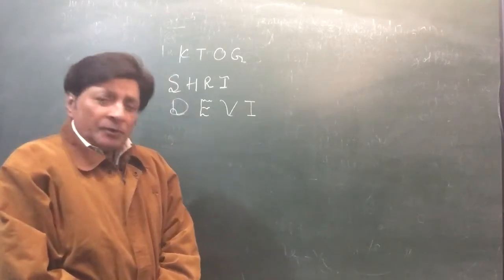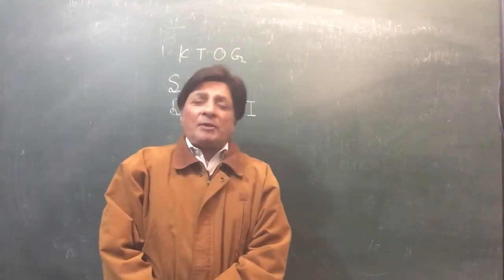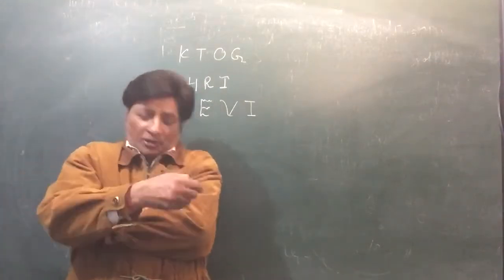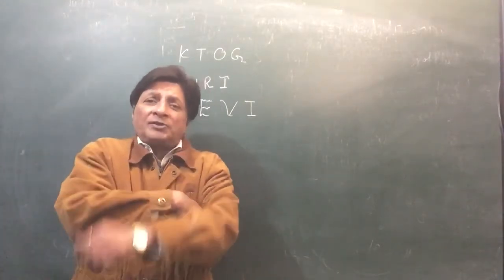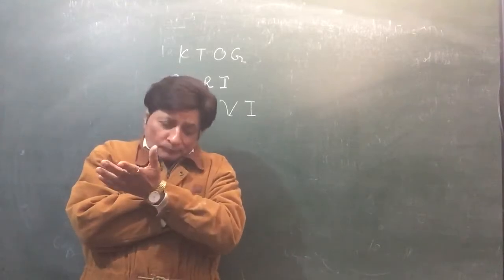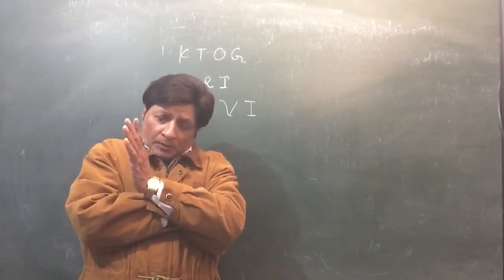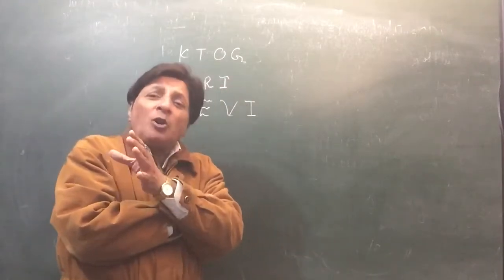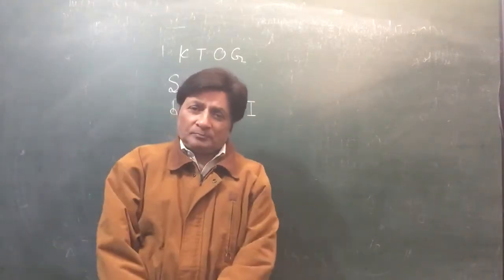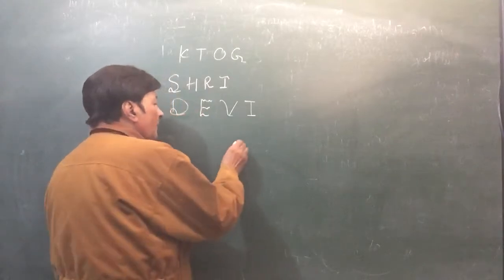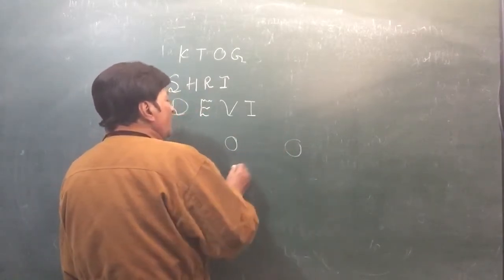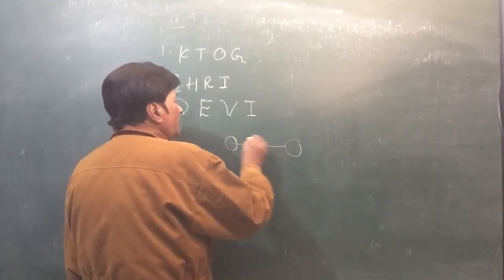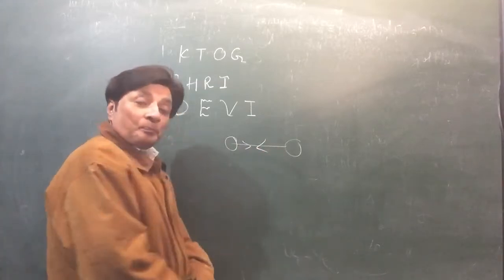Now, see, it's all theoretical explanation I am giving you. I am not using much chalk here. Dear students, in kinetic theory of gas molecules, we say that there is no molecular attraction. Like this molecule and this molecule, it's not going to have an attraction.